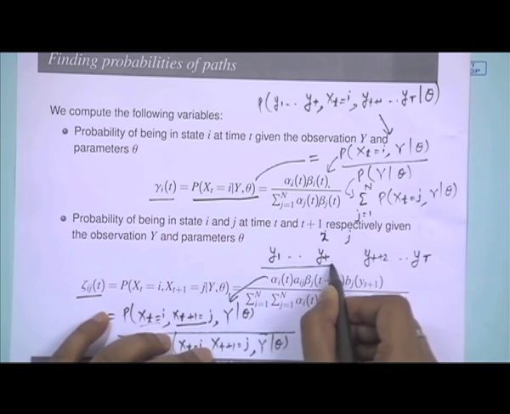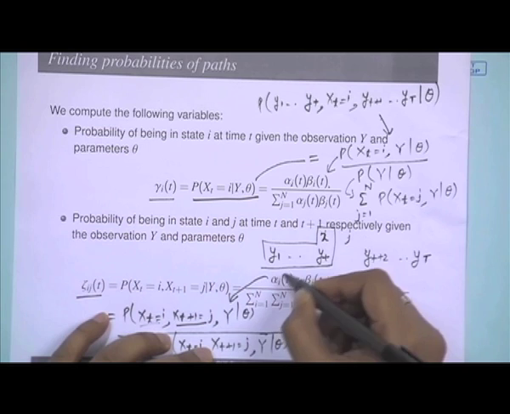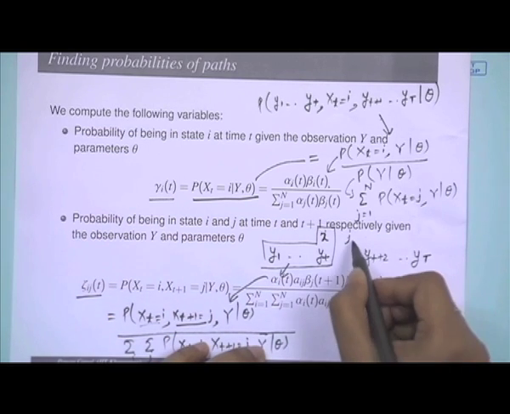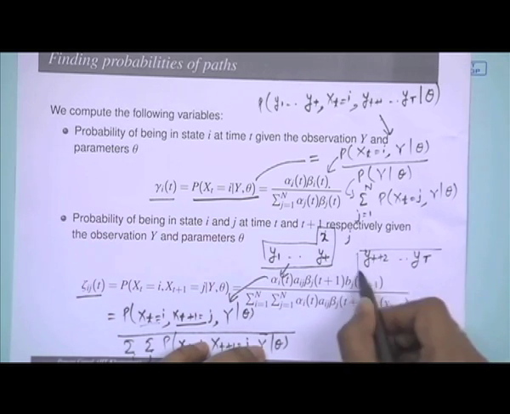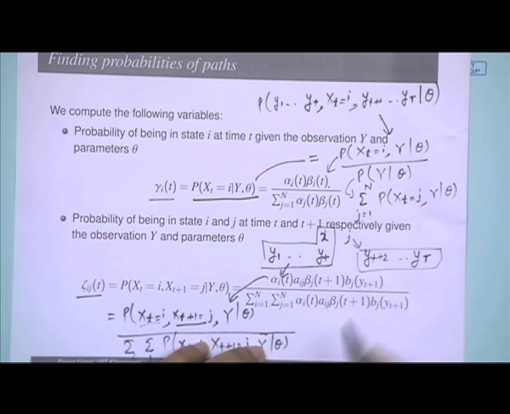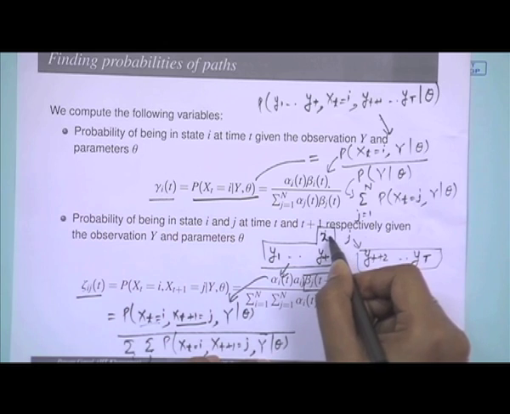So this is what is captured in alpha it, and this is captured, conditioned on j, in beta j t+1. Then you will compute the probability of transition from i to j, that is aij.